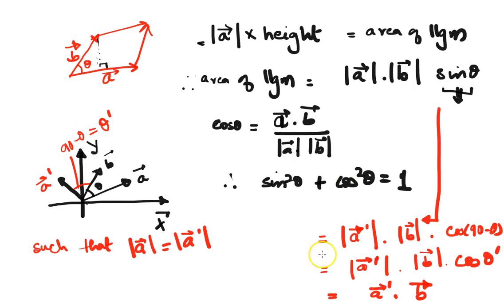So if I can compute A prime vector, and I already know B vector, then I can solve this equation, which represents the area of the parallelogram. So let's see how to solve this.